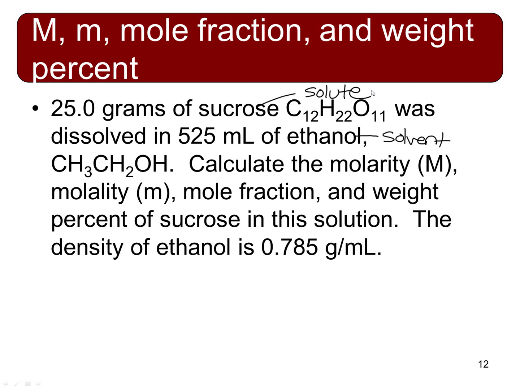Now we need to go through and calculate. Those of you that don't have these printed out, I'm going to move slides, so be sure you have the numbers copied down. The density is 0.785. The first one is moles per liter, so molarity.